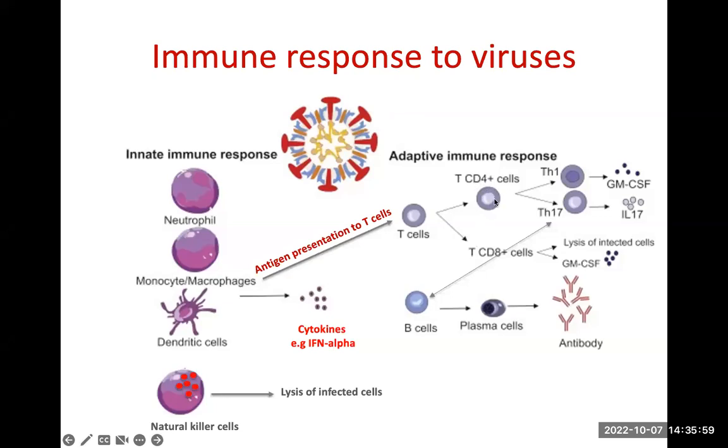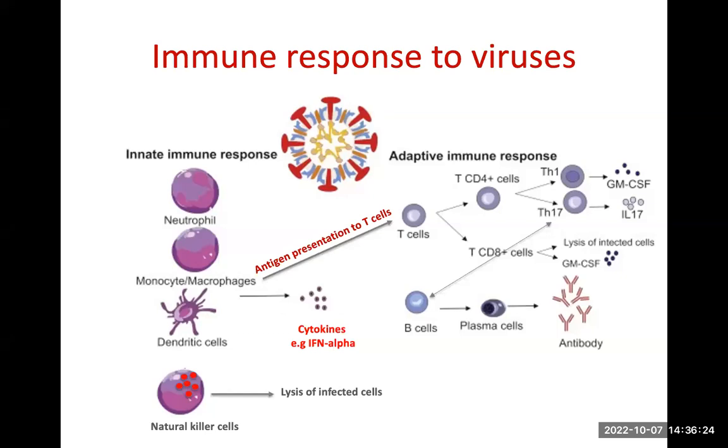And CD4 T cells are the ones that are coordinators of the immune response. But within that, we have subtypes. And that is dependent on the kind of soluble factors, which we call cytokines, that they are able to produce.